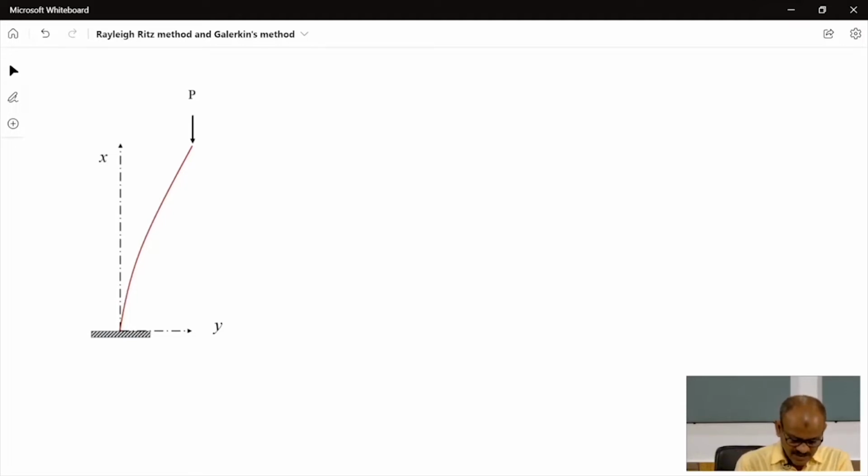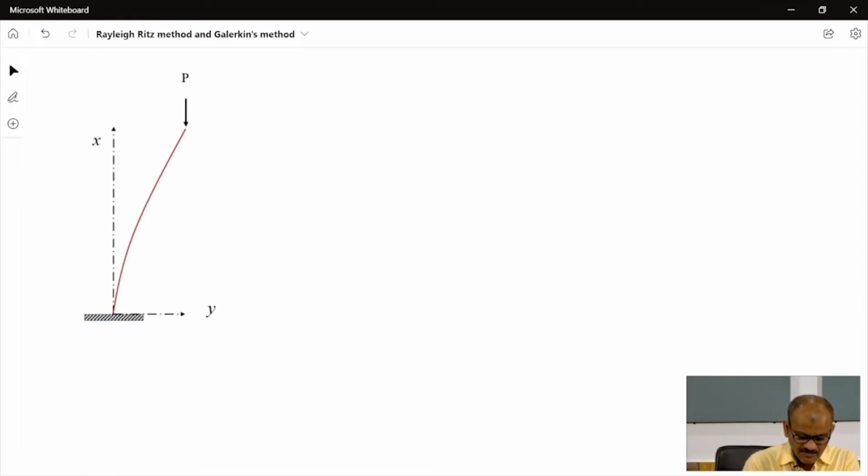The height of the column is L. We will use the Rayleigh-Ritz method to solve for the critical load of this column.